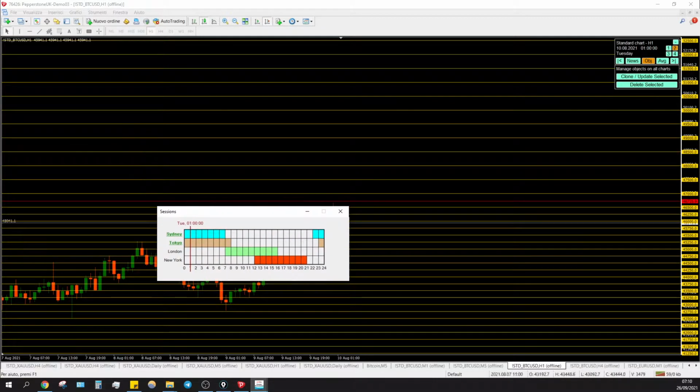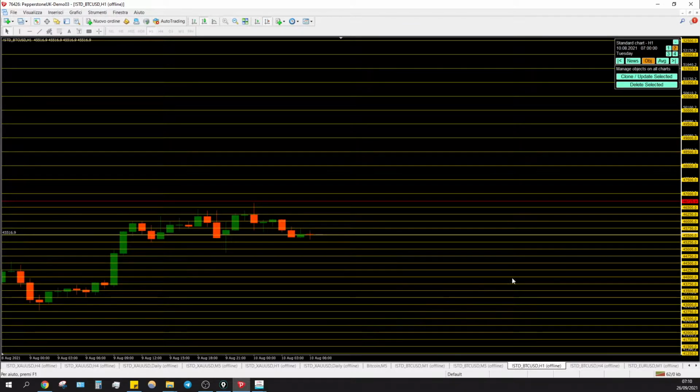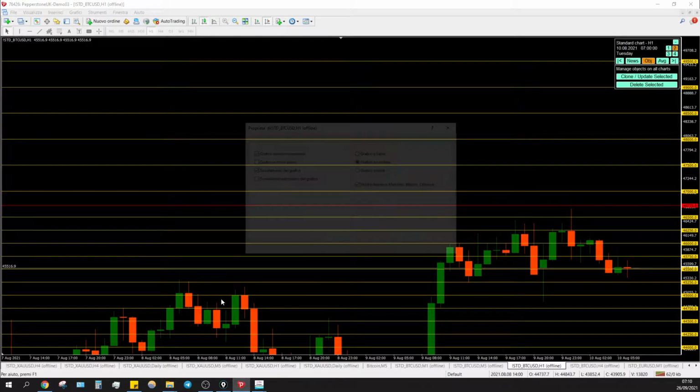Session, of course, does not really relate to Bitcoin as it relates to other pairs, but there's more volume overall from even the Eurozone. It's always better. Okay, so this is the start of the London session. On the 1 hour we're going to keep the PPLs here.